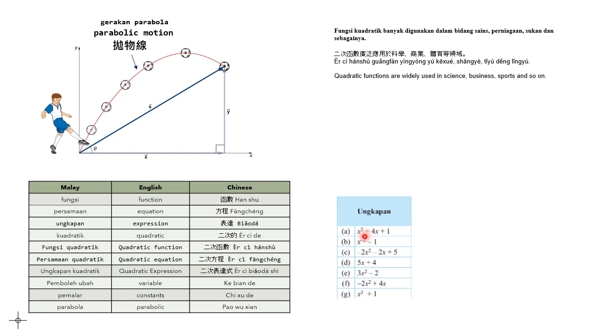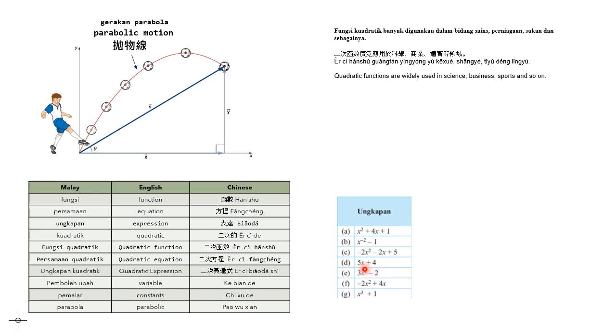So here you can see at the section A here, ungkapan pertama, you have X square, ungkapan kedua, X square, ungkapan ketiga, that is C, you have X square, ungkapan keempat, that is D, you have X power 1. So D is not a quadratic equation because the highest power is 1 only. So 5x plus 4, we call it as a linear equation, a straight line equation.